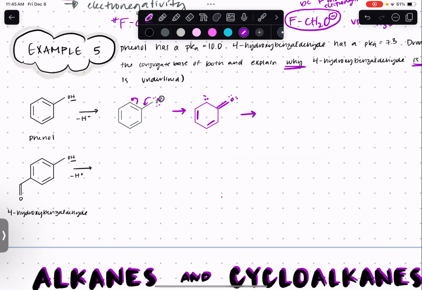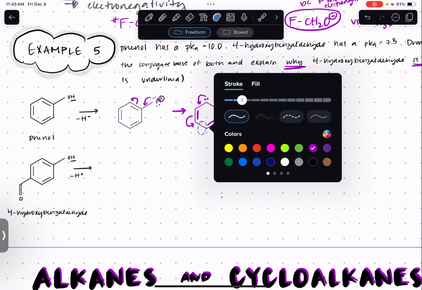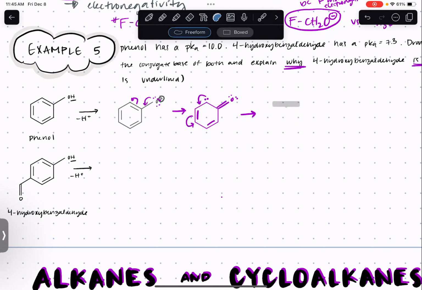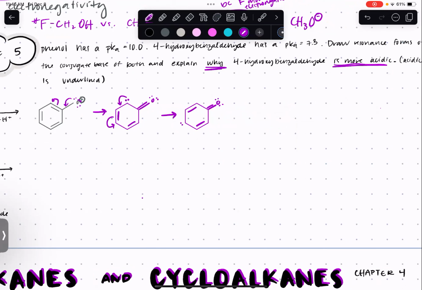Then we can get it so that this pushes down and this pushes up. So that would look like this. Then we could get, so this lone pair pushes down, this one pushes up.